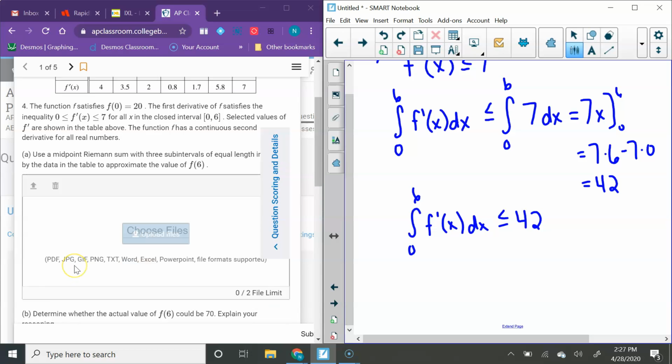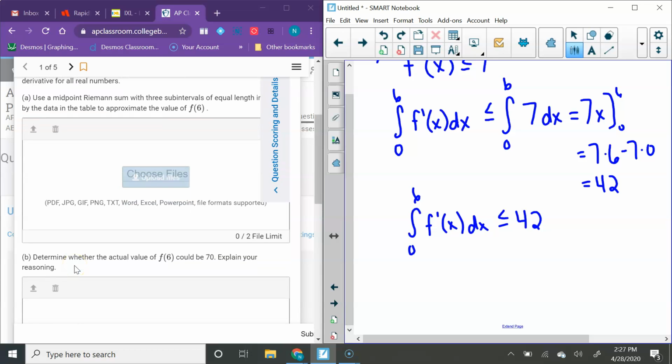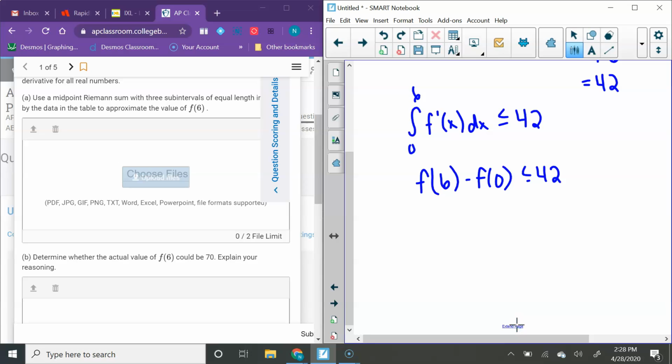But again, like the last problem, we're not talking about the integral from 0 to 6. We're talking about f of 6. So we know when we integrate this part, f of 6 minus f of 0 is going to be equivalent to the integral from 0 to 6 of f prime of x dx. So this has to be less than or equal to 42. And we were given our f of 0, which we've already used once.